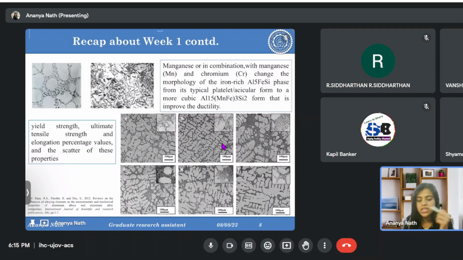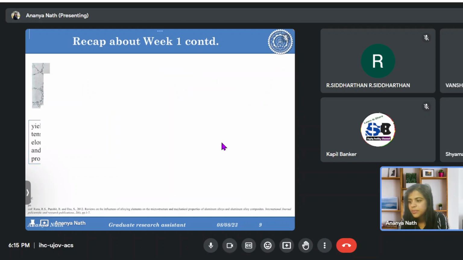We have to just change the microstructure to strengthen the aluminum. This is why I would say the strengthening of aluminum is pretty much easier than strengthening of those types of steels, but still it's difficult for us who are working on aluminum alloys.